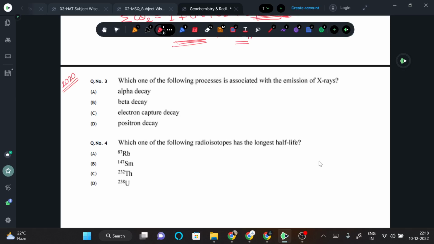Now what will be the answer? Which is associated with the emission of X-rays? I hope you all must be knowing this.